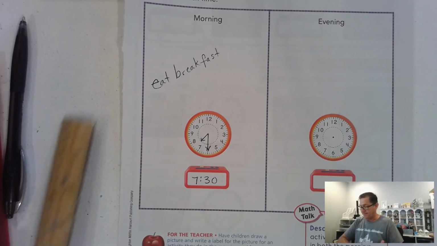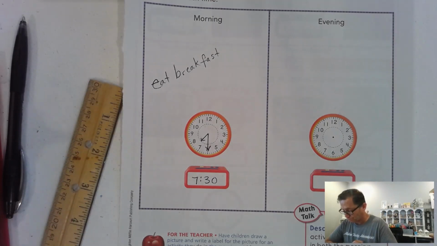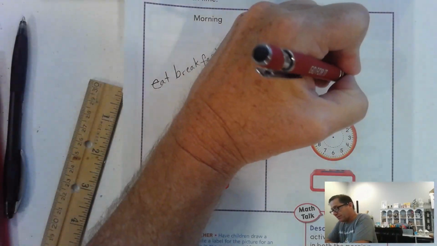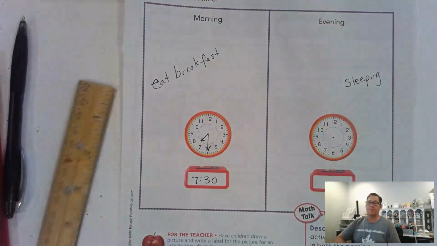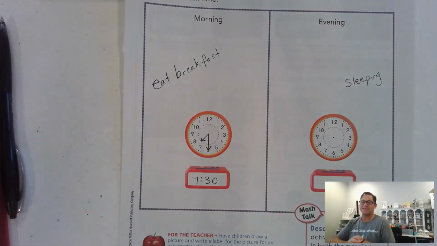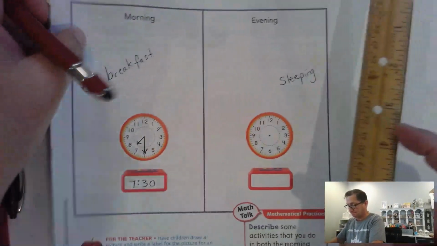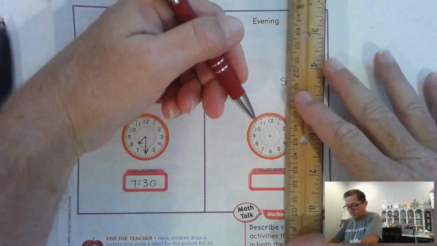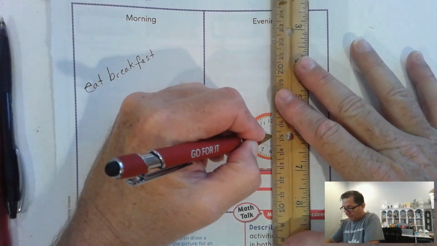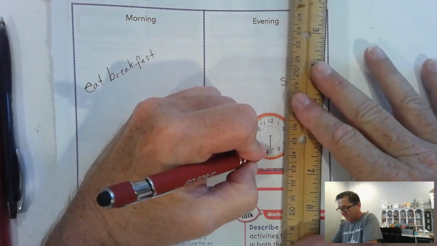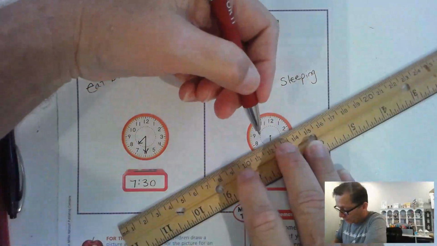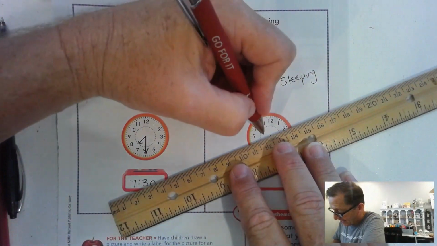Now in the evening, maybe you're sleeping. And maybe your bedtime is, let's say, 8:30. So we're going to draw the hand straight down to 6 for the minutes, and the hour will be in between 8 and 9.